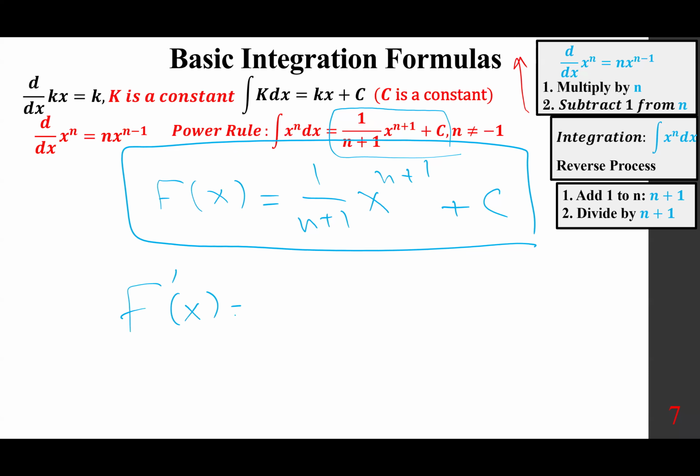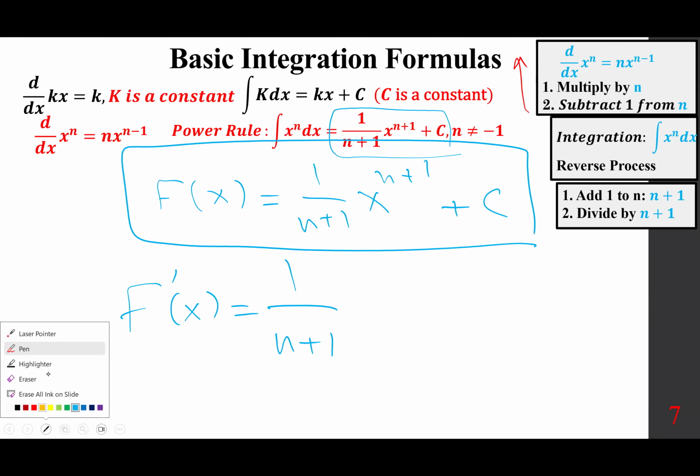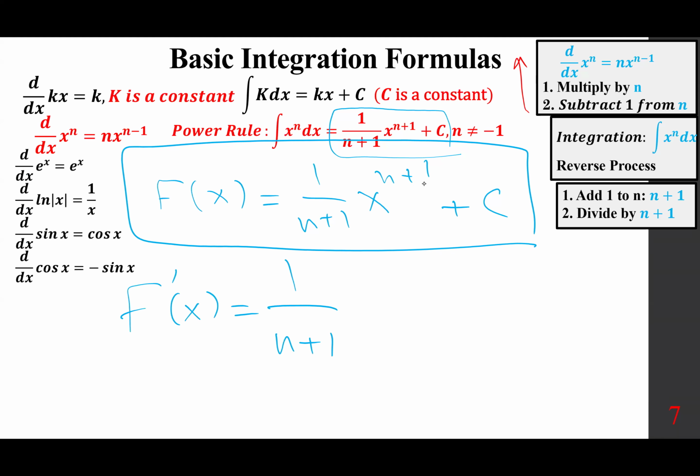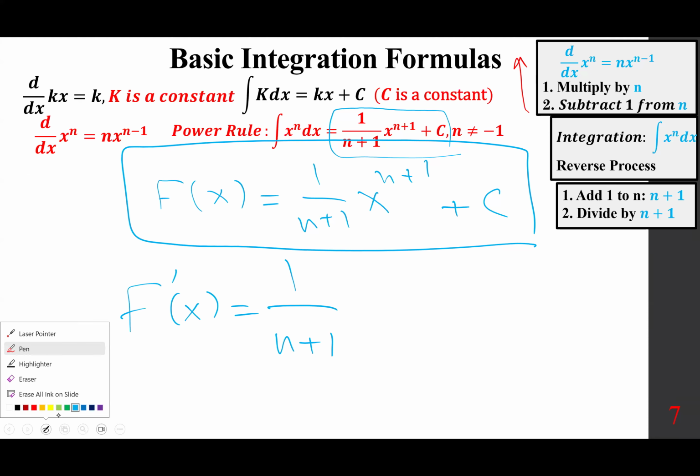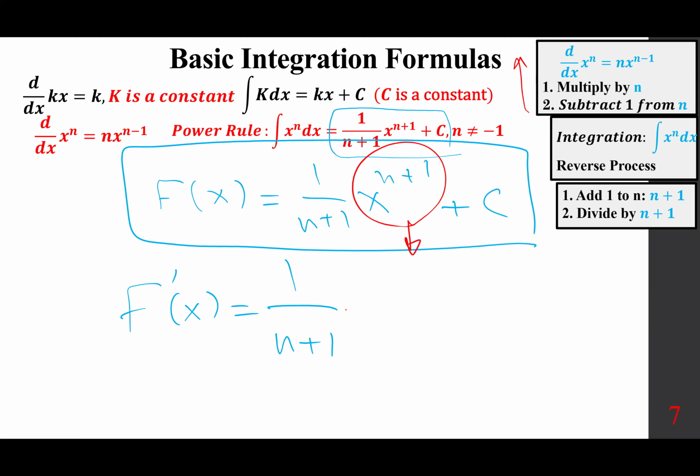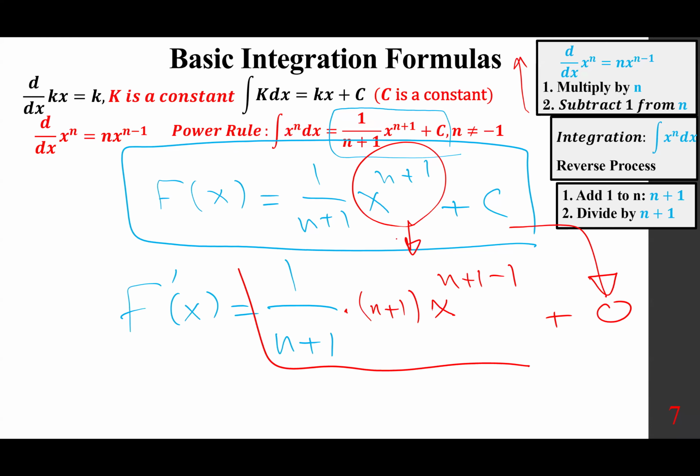Capital F prime is 1 over n plus 1, times n plus 1, x to the power of n plus 1 minus 1, plus the derivative of a constant, which is 0. And I hope you see this simplifies to simply x to the power of n. So we've proved that we've come up with the correct answer.